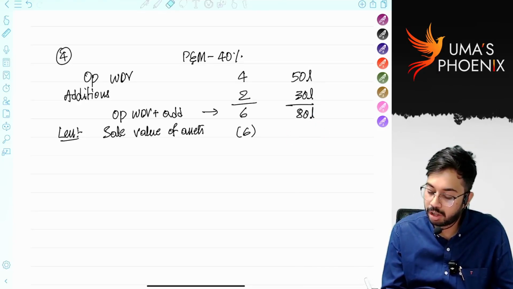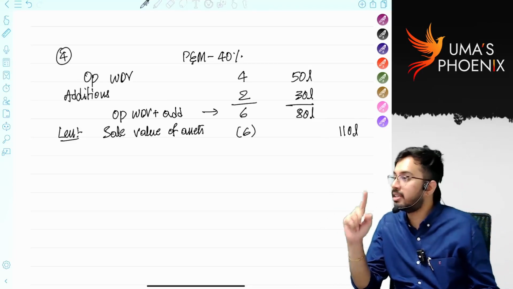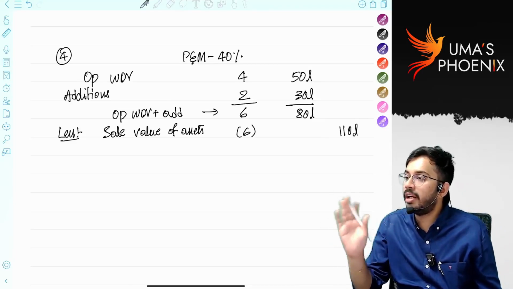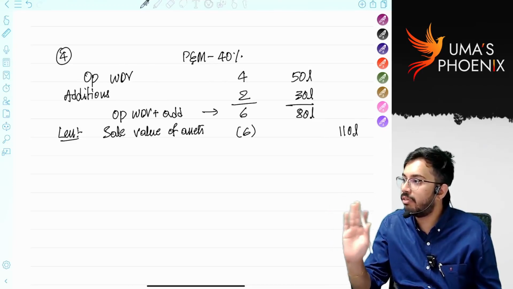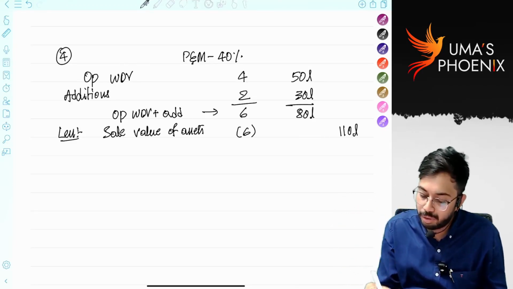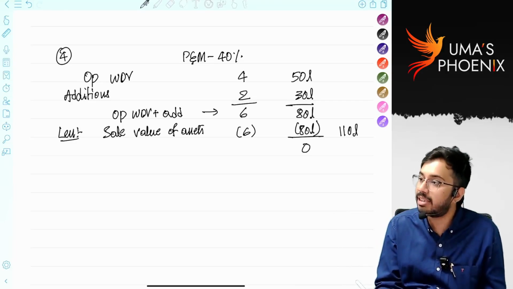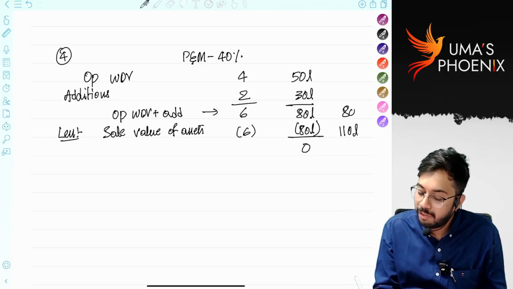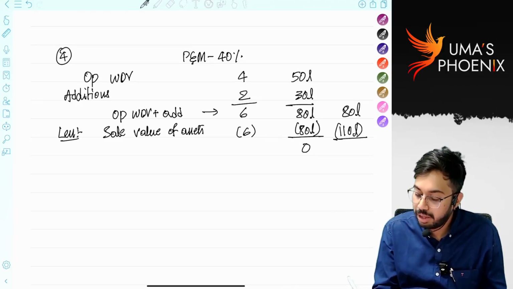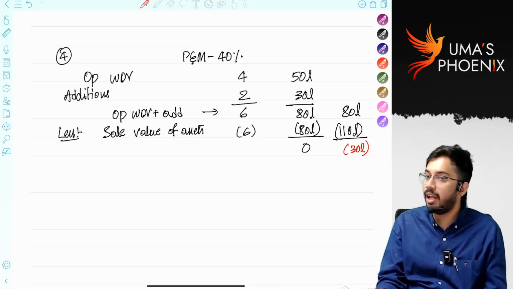Now when you are doing problems in examination also, don't make written down value as negative. Written down value can never be negative. You have to make written down value as 0. Okay. So written down value 0, maximum 80 lakhs is allowed as deduction. So whether block is having negative value, yes, block is having negative value, 30 lakhs of negative value.